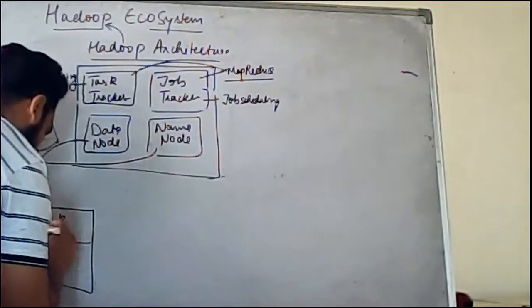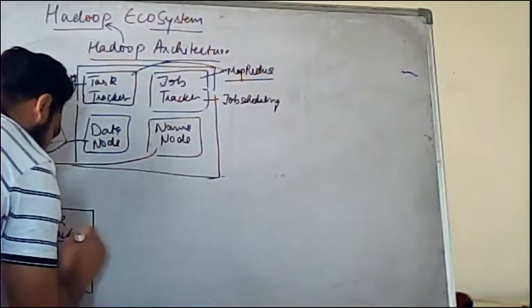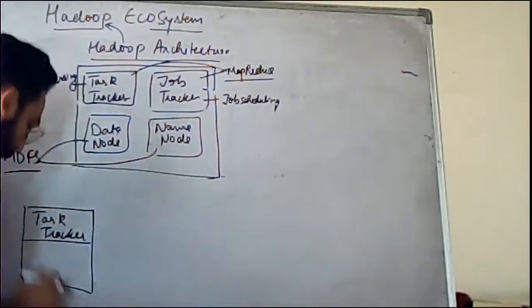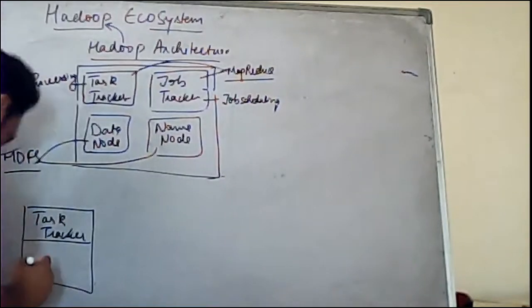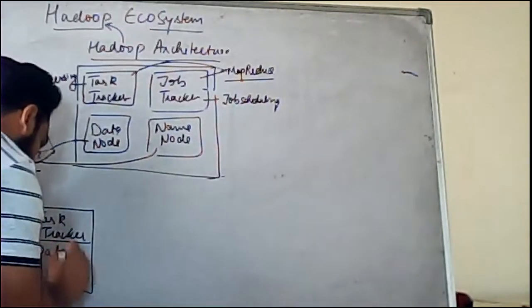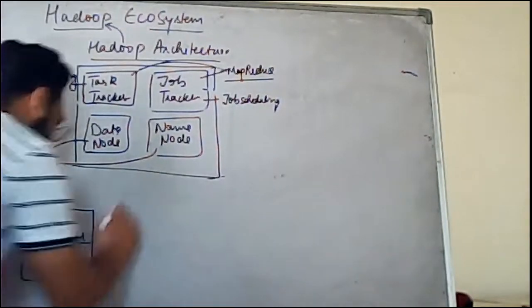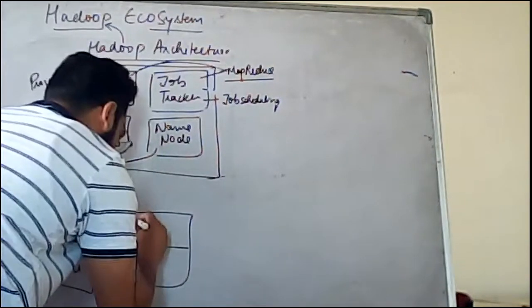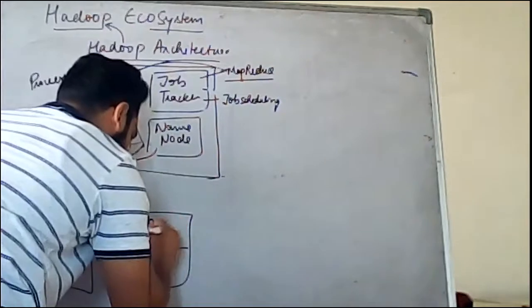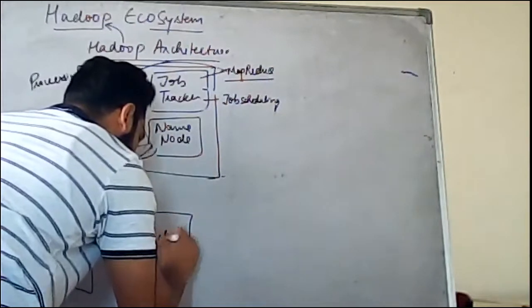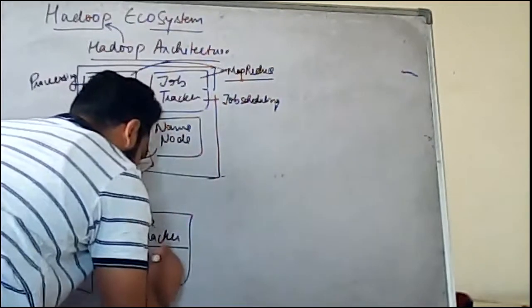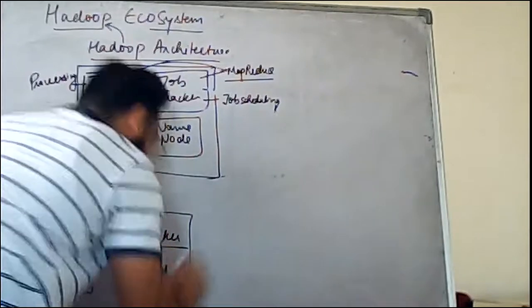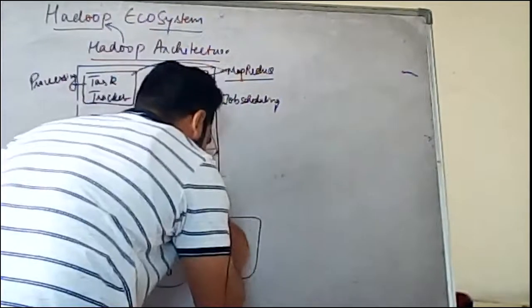Further, there are task trackers, and these are in your slave nodes. There are data nodes, and these are in multiple nodes. There are task trackers and there are data nodes.